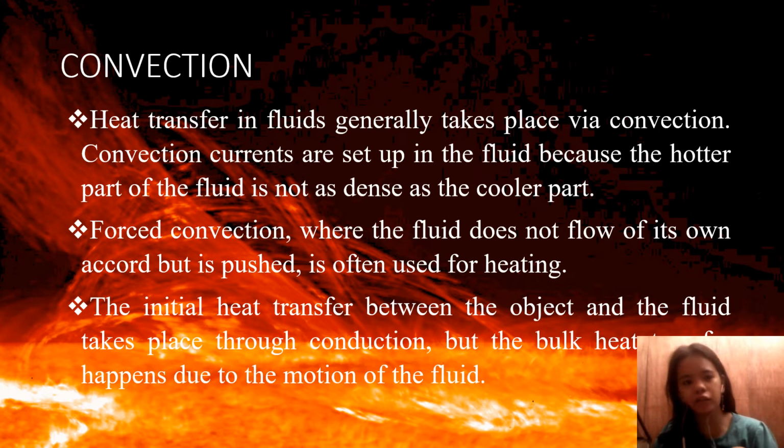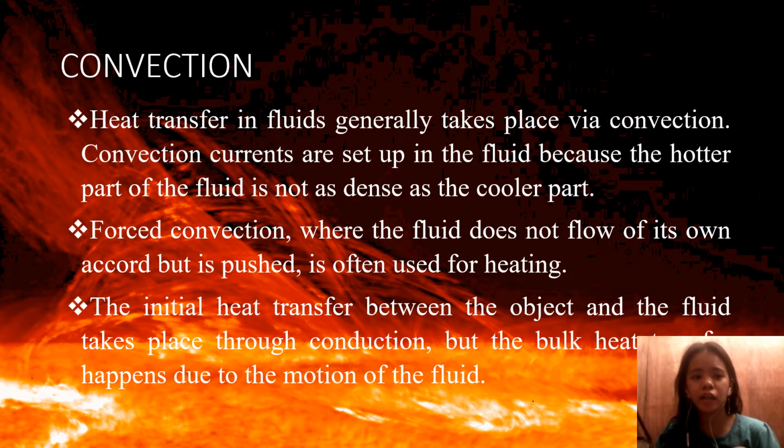Then, convection. Heat transfer in fluids generally takes place via convection. Convection currents are set up in a fluid because the hotter part of the fluid is not as dense as the cooler part. Forced convection, where the fluid does not flow of its own accord but is pushed, is often used for heating. The initial heat transfer between the object and the fluid takes place through conduction, but the bulk heat transfer happens due to the motion of the fluid.